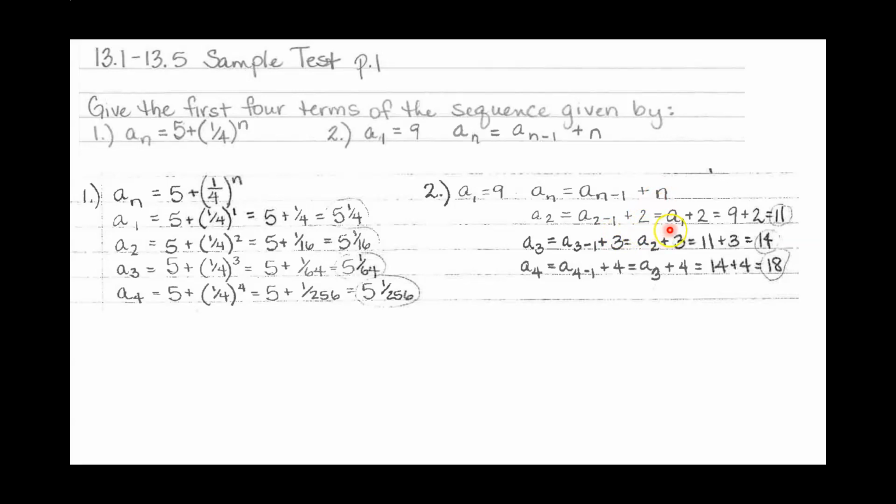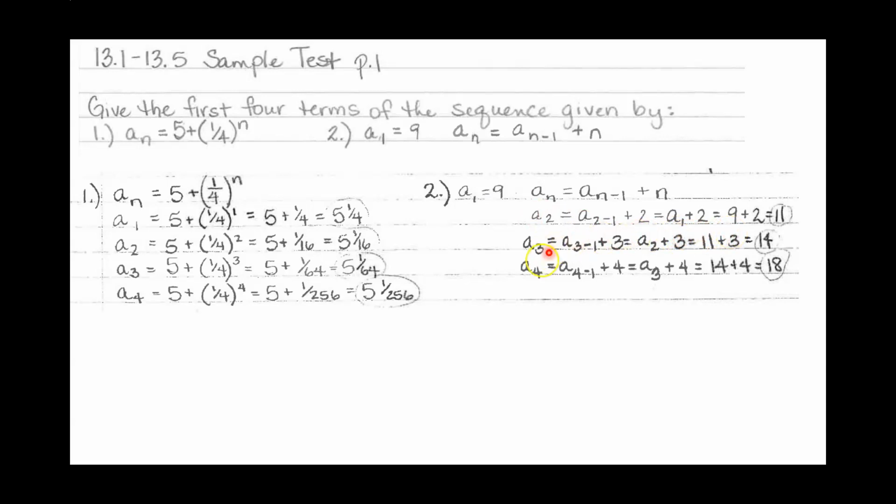So it would just be a sub 1 plus 2. They had to tell me what a sub 1 was, otherwise I wouldn't know this value. So they told me a sub 1 is equal to 9. Let's replace a sub 1 with 9, and we'll have 9 plus 2 is 11.